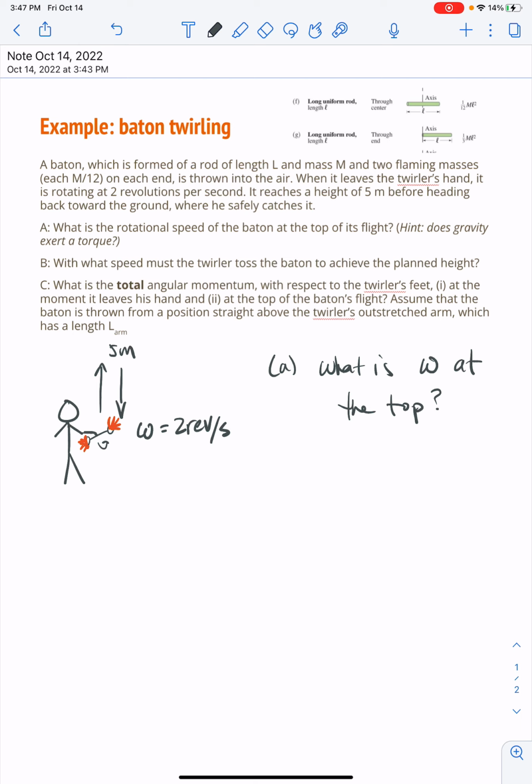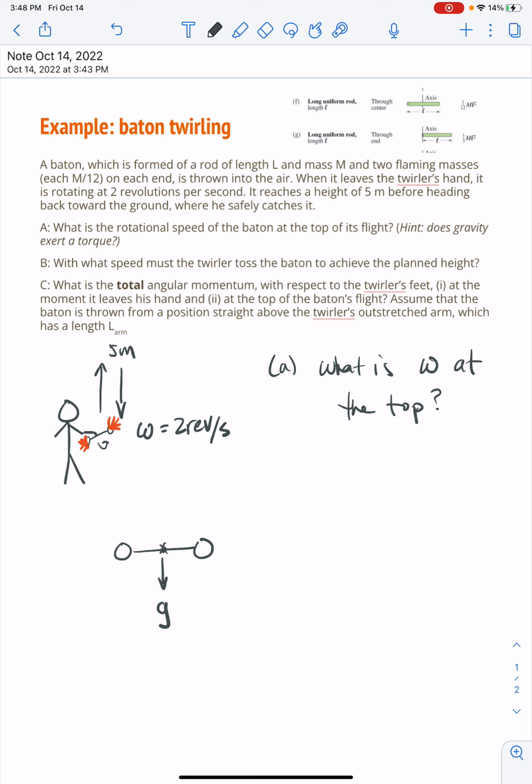So to think about the change in rotational motion of this baton, we want to think about whether or not gravity exerts a torque on the baton. So let's draw the baton by itself over here. It's rotating at some speed, and then we've got the force of gravity that's acting at the center of mass.